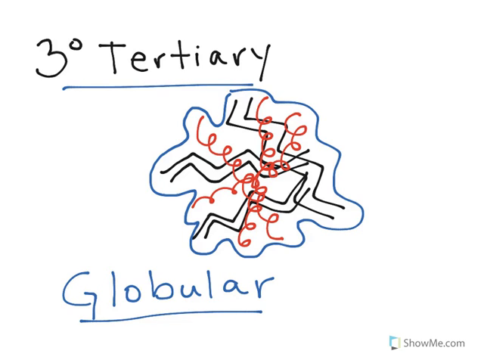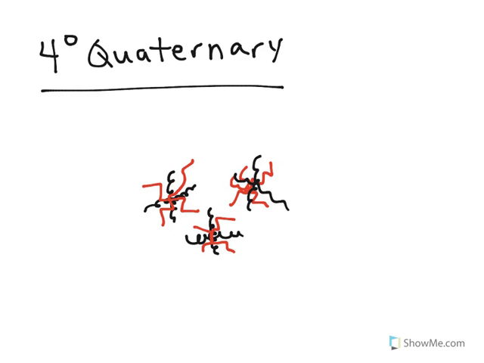Globular refers to a structure that's tertiary and it has multiple polypeptide chains, polypeptide meaning multiple amino acids linked together by a peptide bond. And with quaternary structure, you're going to see that there are multiple tertiary structures, so each one of these structures here would indicate that it's a tertiary structure.